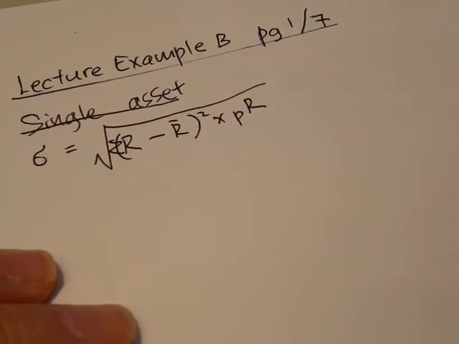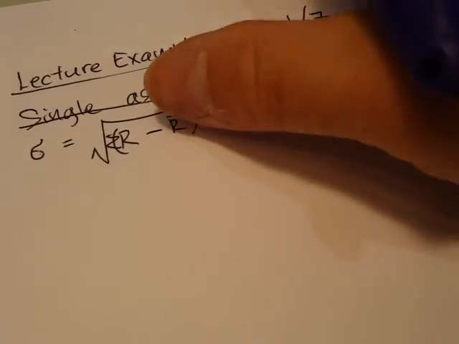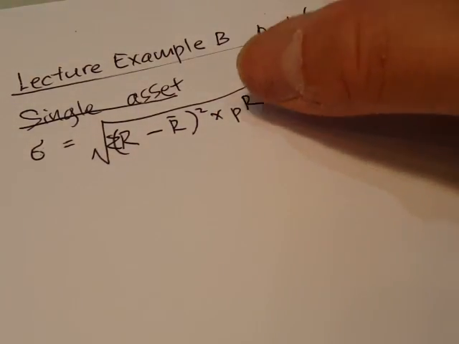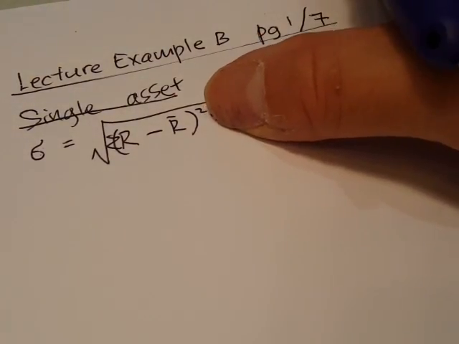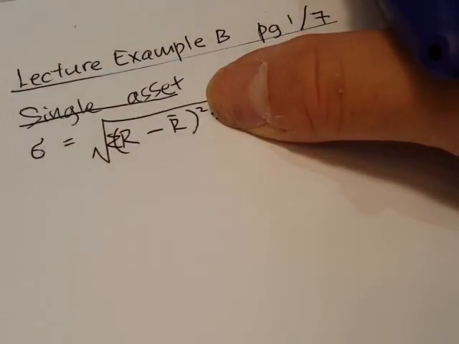Remember, this is the standard deviation formula for single asset. R minus R bar times probability. In the question, we don't have probability, so we can determine standard deviation from here.